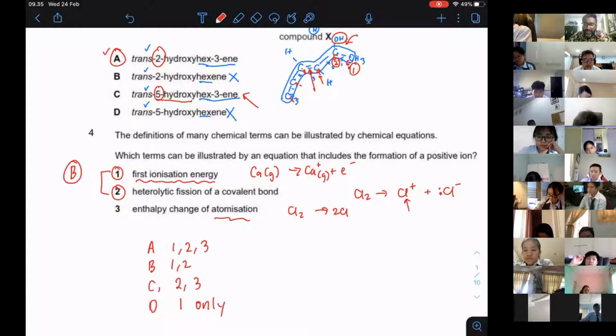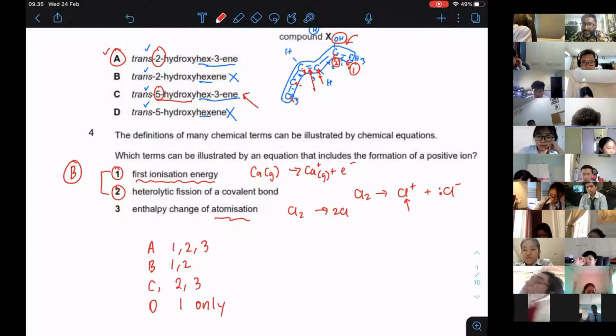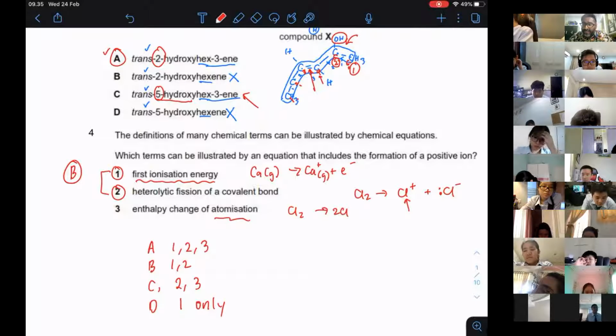But the most important thing is they are able to form a dative bond or receive the lone pair of electrons. So if they ask you for the definition of electrophile, you follow the definition that we have learned. We don't say that it's a positive ion. Not all positive ions are electrophiles. They must have the ability to receive the lone pair of electrons. That is what makes an electrophile.